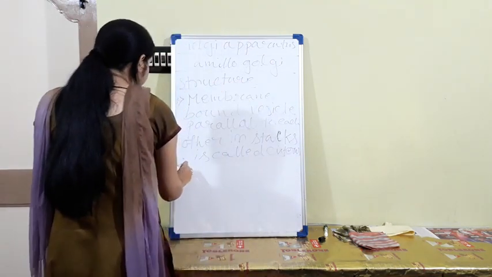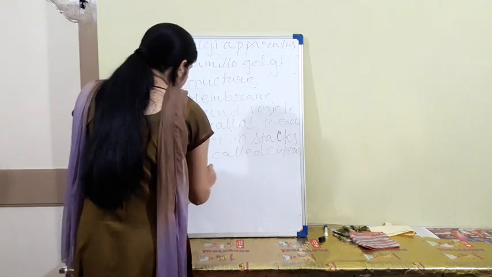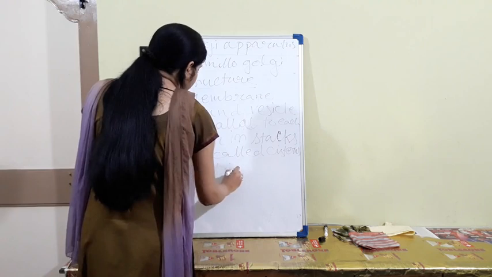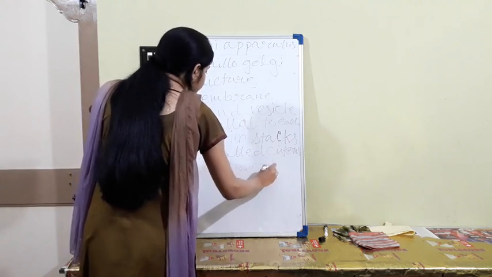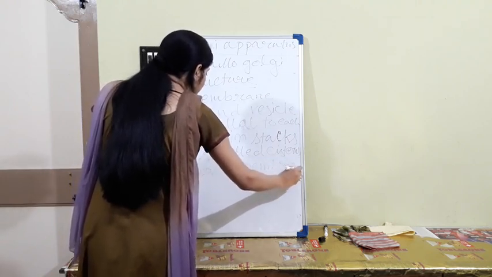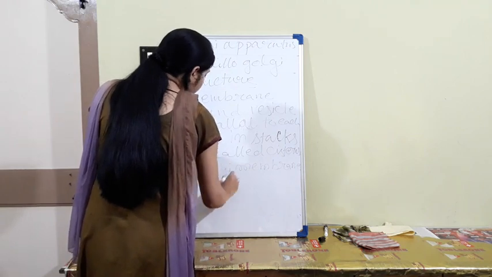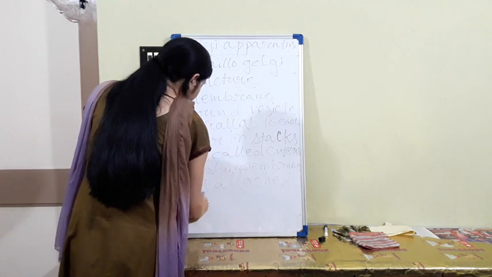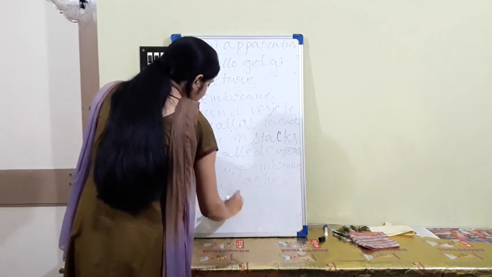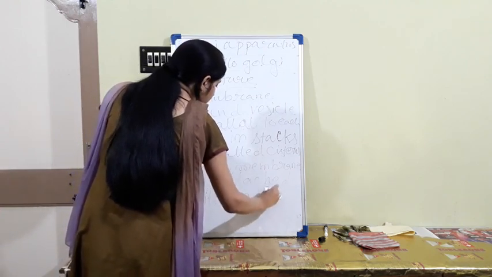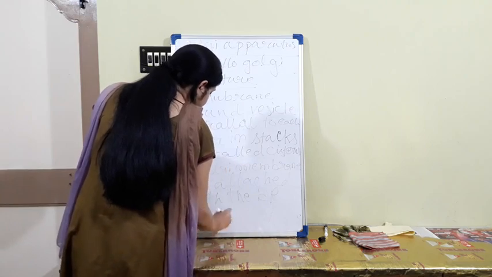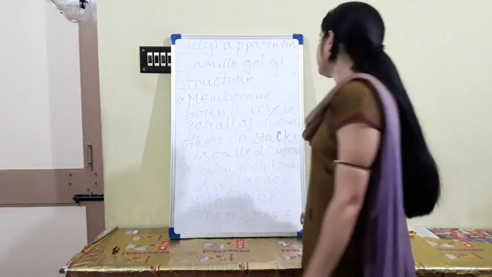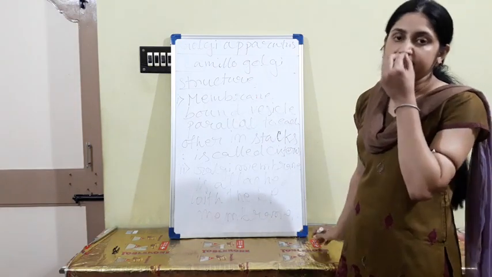Next one, the Golgi membrane is attached with the ER membrane. So this is the structure of the Golgi bodies that was discovered by Camillo Golgi.